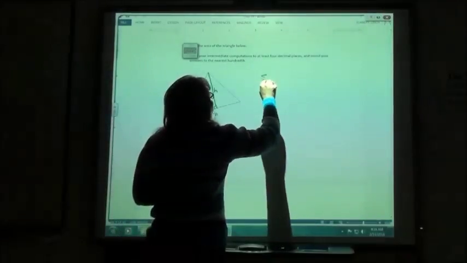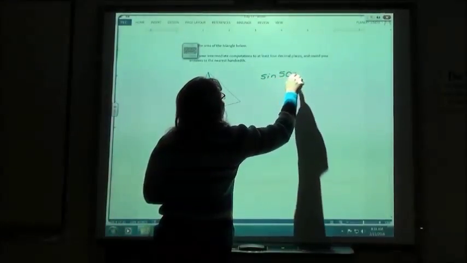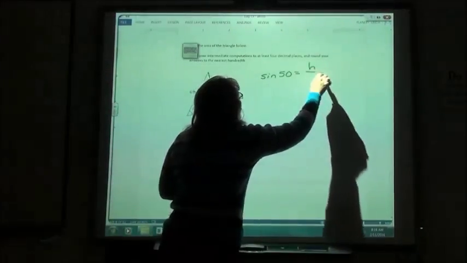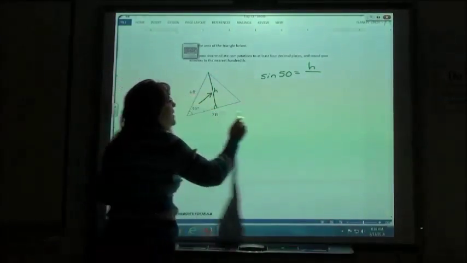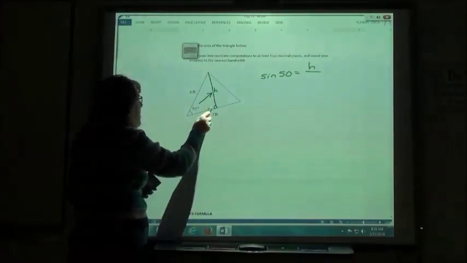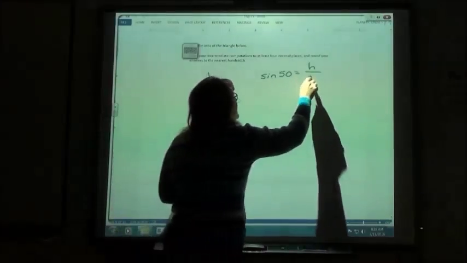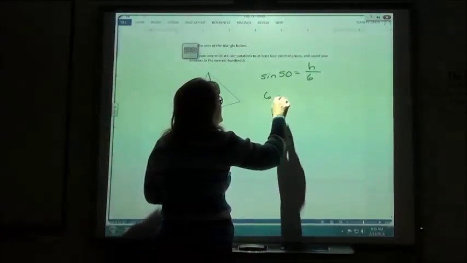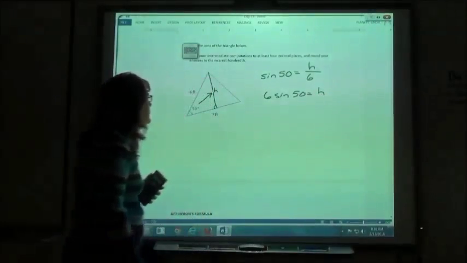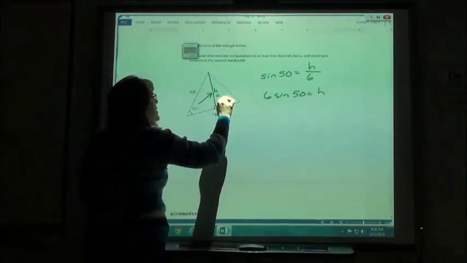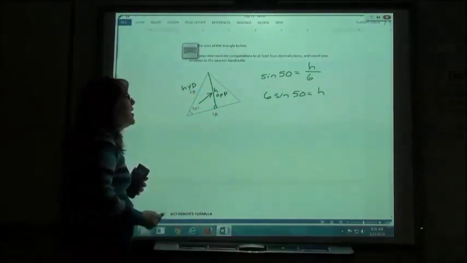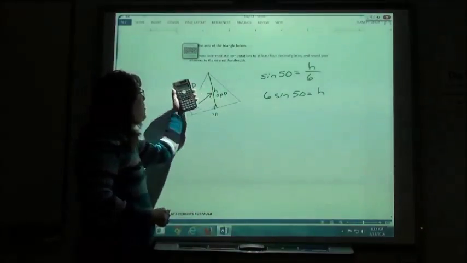The sine of 50 equals the opposite side, which is h, over my hypotenuse, which is the 6. So 6 sine of 50 equals h. Here's my opposite, and here's my hypotenuse, since it's opposite of my right angle. Sine is opposite over hypotenuse.